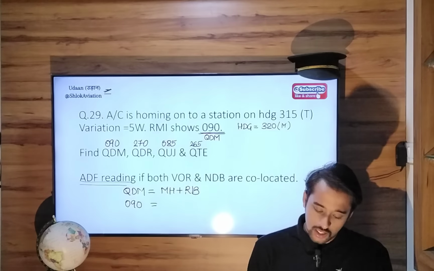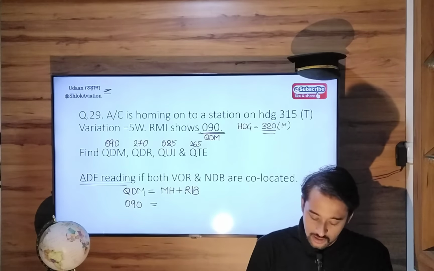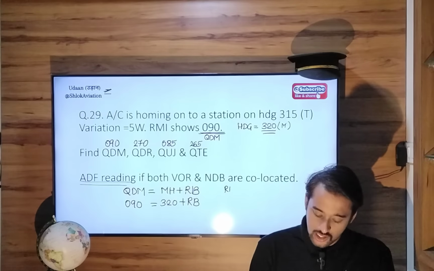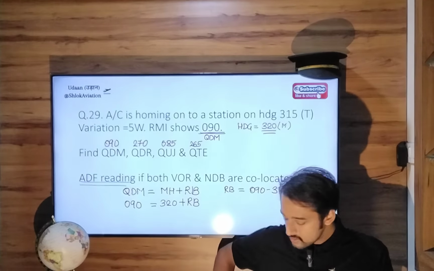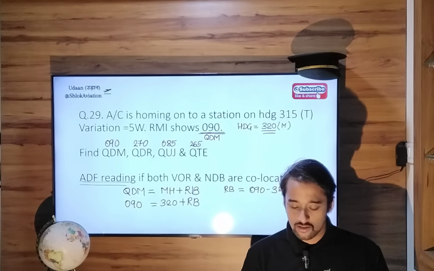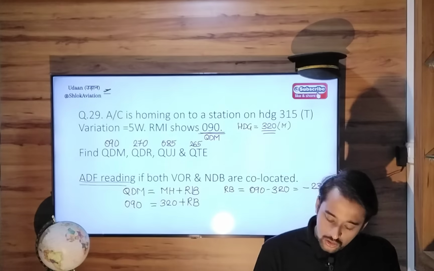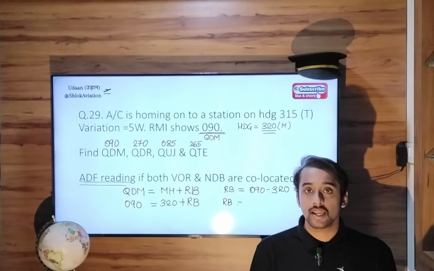Magnetic heading is how much? It is 320 plus relative bearing. So relative bearing equals 090 minus 320, which is minus 230. We don't need minus sign in a final answer.